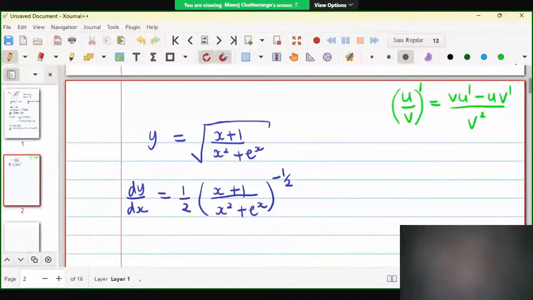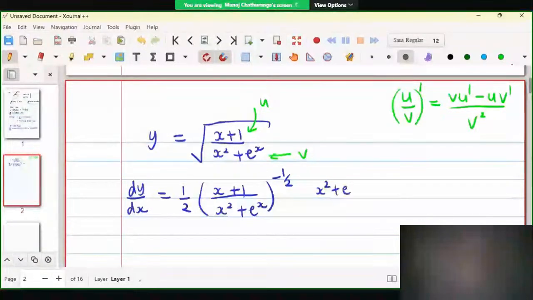For this example, our v is x squared plus e to the x, and this part is our u.